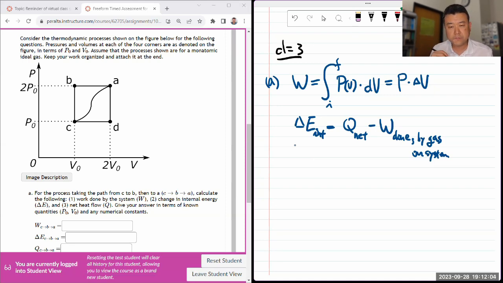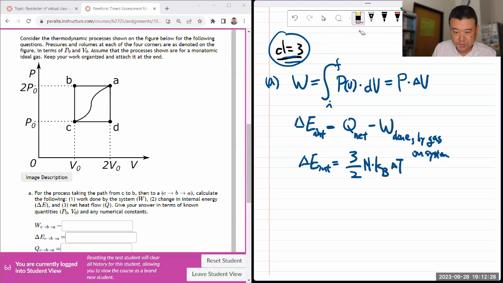And finally, you might have the internal energy expression, which becomes important because it comes into the change of internal energy. The internal energy is the degrees of freedom, so in this case 3/2, times the number of particles times the Boltzmann constant times the temperature, if T is in kelvins.